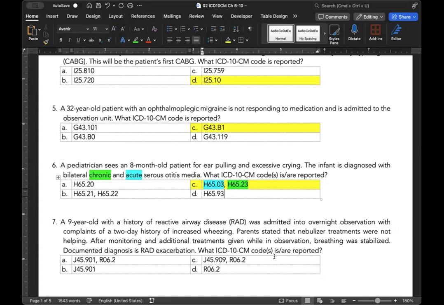The only time that you would use a single code is if in your alphabetic index there is an acute with chronic option. That's the only time you would use a single code. If there's not that acute with chronic option in your alphabetic index, then you would code them separately with your acute listed first.